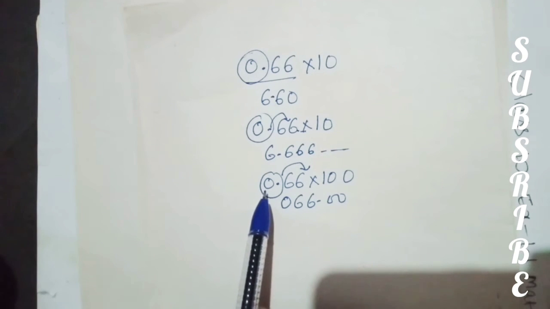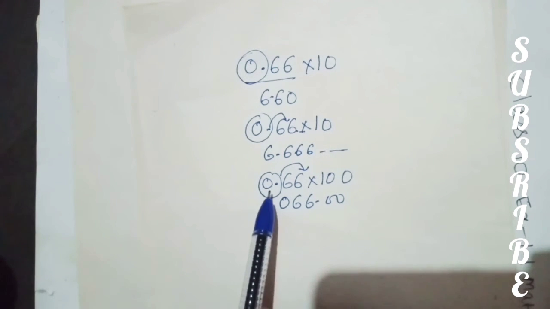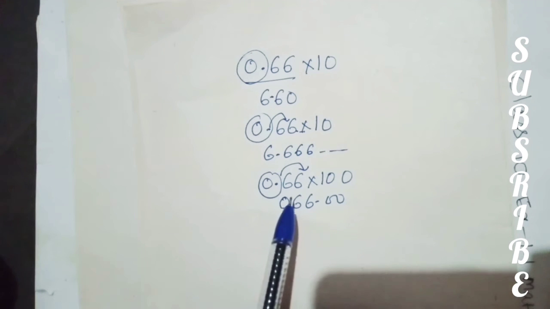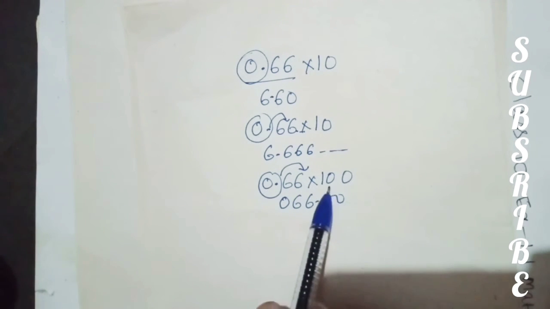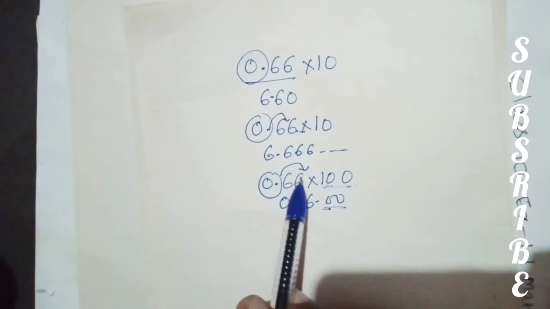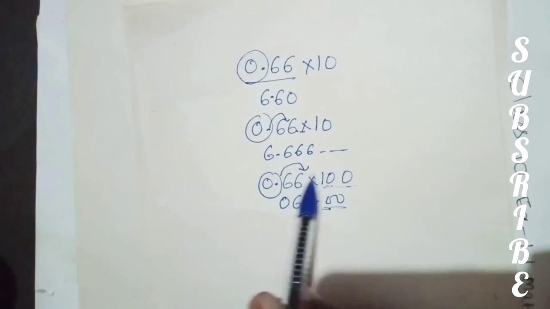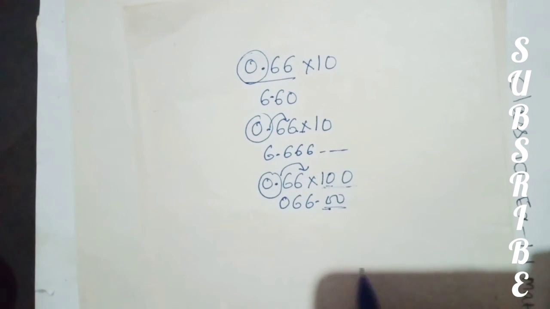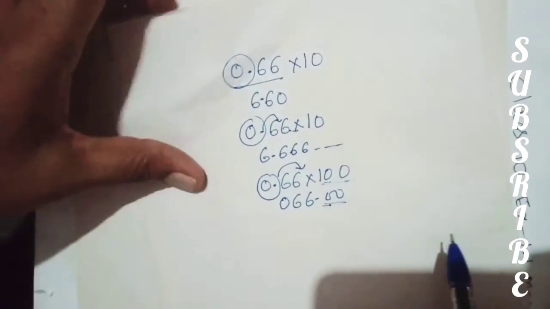Even if you have digits other than 0 like 1, 2, 3, you are going to keep that as it is. The decimal is shifting just because of these zeros. How many zeros you have? Depending on that, you are going to shift the decimal to the next digits. Hope you understood this concept.